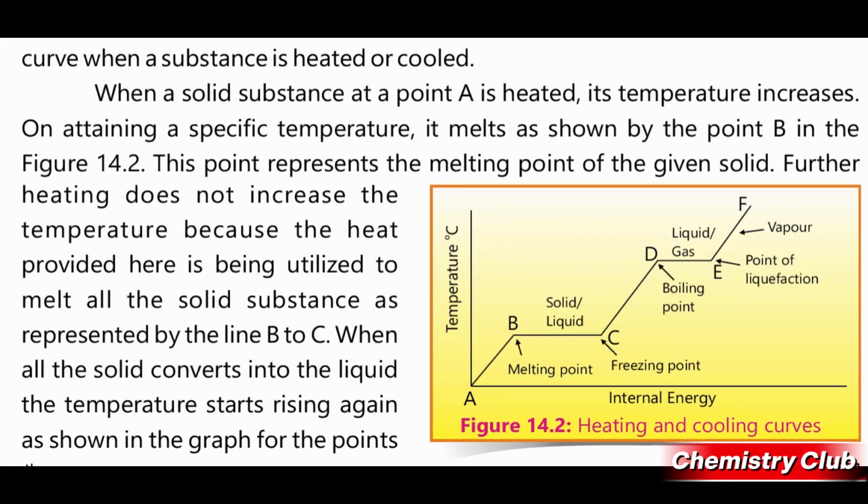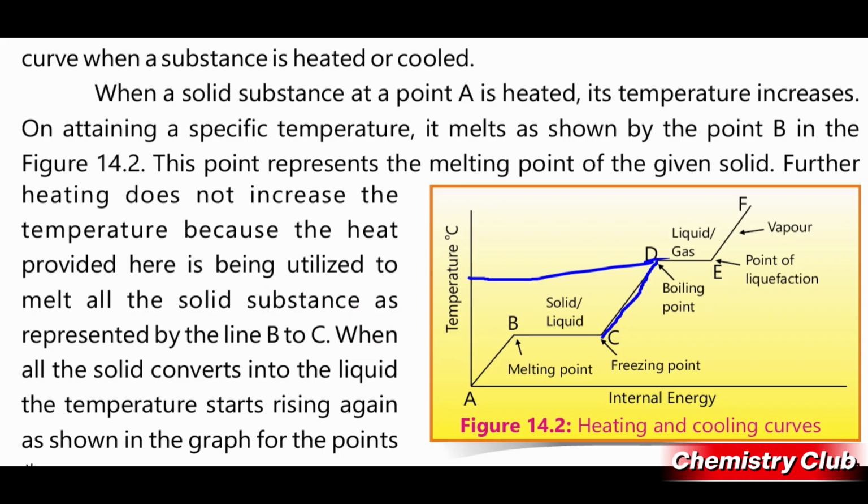When heating continues from point C to D, then again there is an increase in temperature between these two points until we reach point D, and this point is the boiling point of the liquid, and at this temperature it starts converting from the liquid state to the gas state.